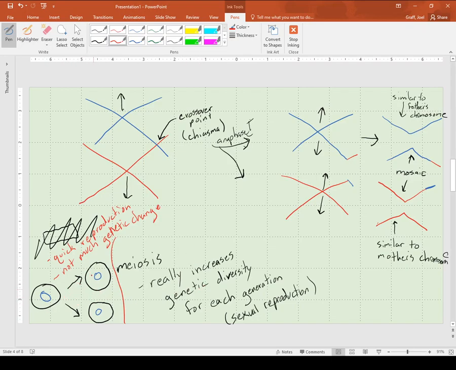And so you've got two different mechanisms: replicate really fast but don't change your genome much, or reproduce slowly but create a lot of new genetic diversity with each generation. So that's the beauty of sexual reproduction, the amount of genetic recombination that happens. Okay.